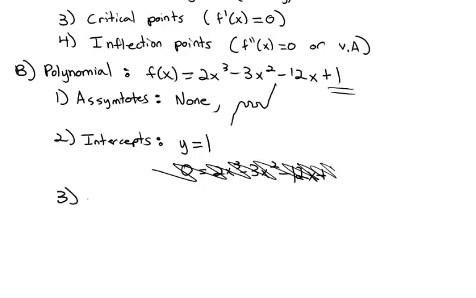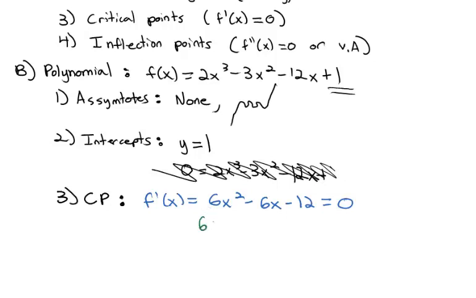Number 3, we're going to find the critical points. The way we find a critical point is we make the derivative equal to 0. So let's find the derivative. f prime of x is equal to 6x squared minus 6x minus 12, and we make that equal to 0.